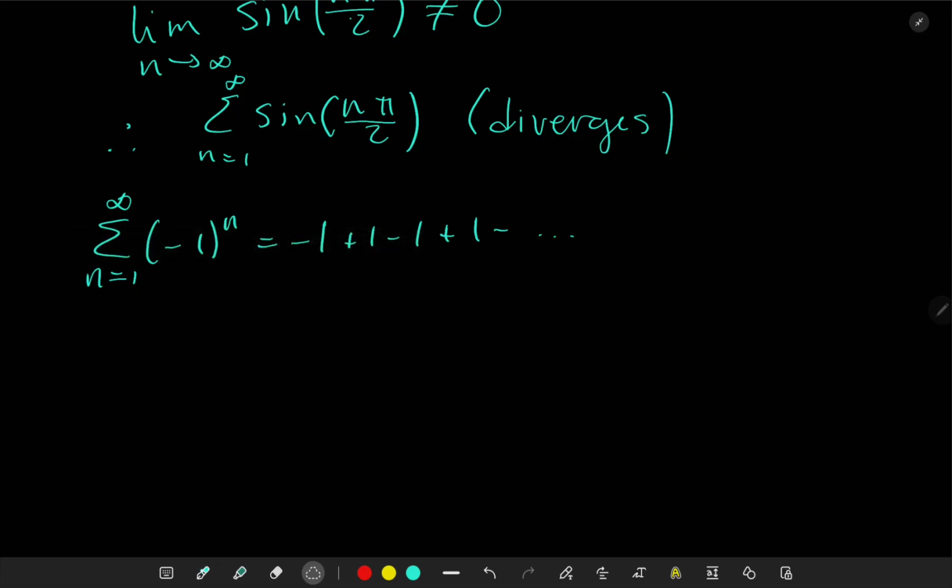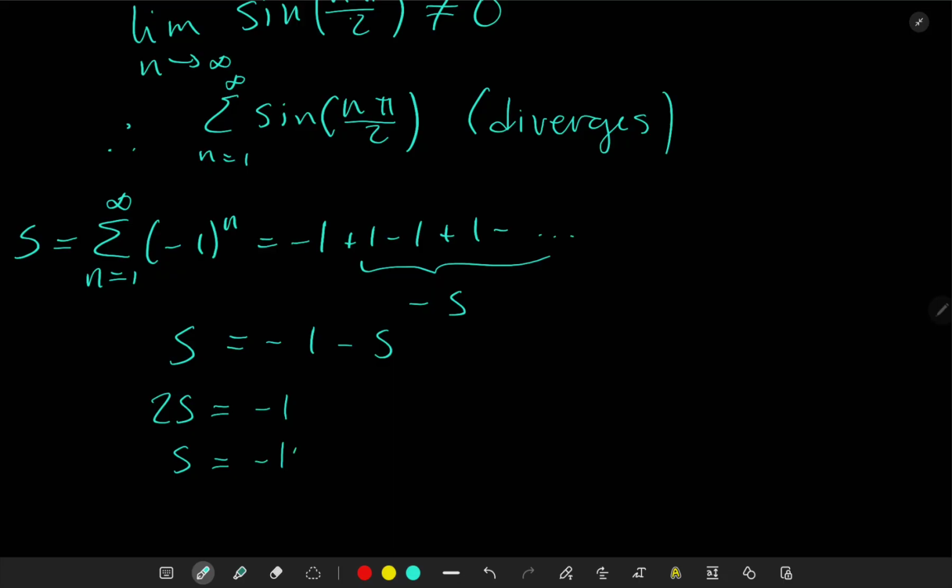Let's call this S. This term right here is just going to be negative S. You multiply each term by negative and you get the same, and since it goes out to infinity, that's negative S. So you get S equals negative 1 minus S. Then you add S to both sides, and you get 2S equal to negative 1, and then S would add up to negative 1/2.